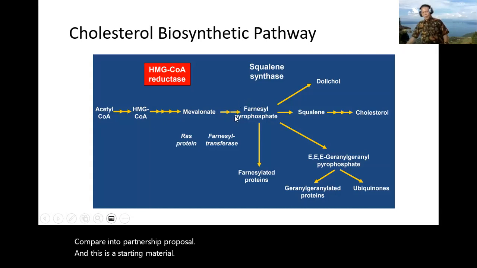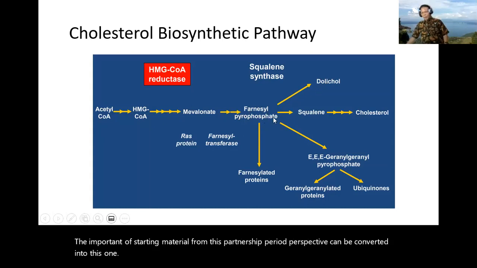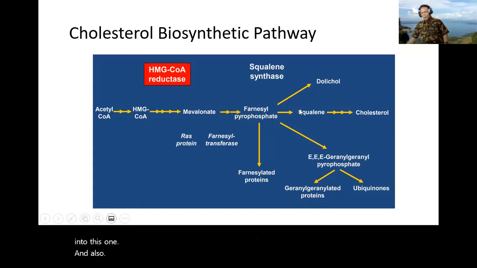The important starting material, farnesyl pyrophosphate, can be converted into this one, and also converted into squalene. Then from this squalene, by cyclization procedure, will be converted into cholesterol.